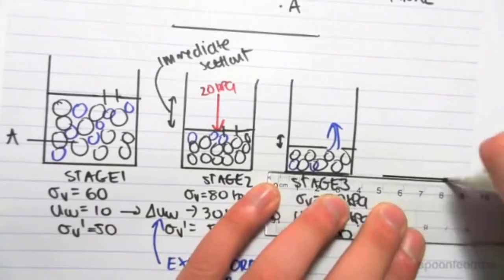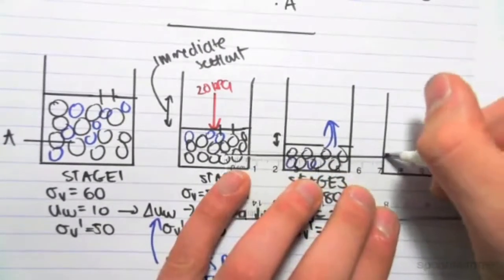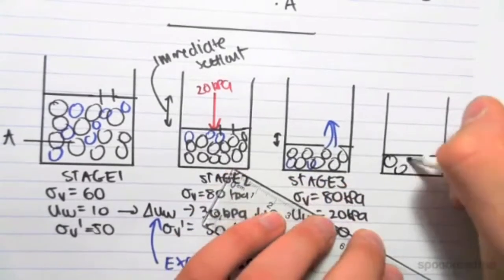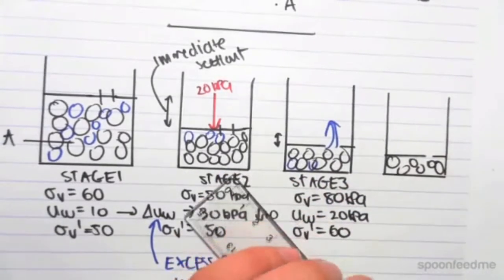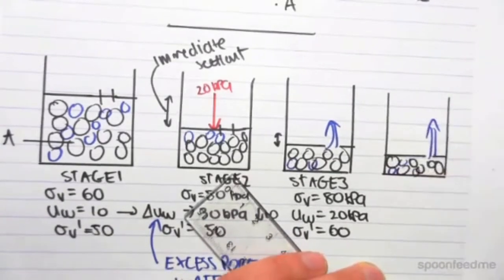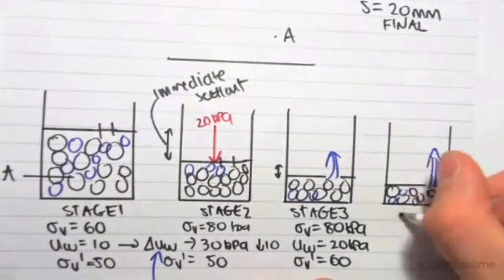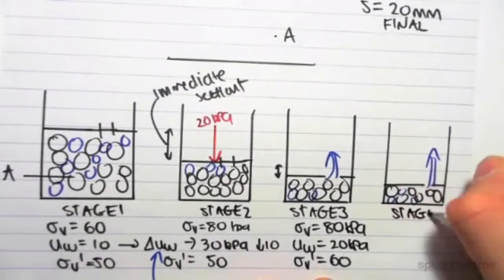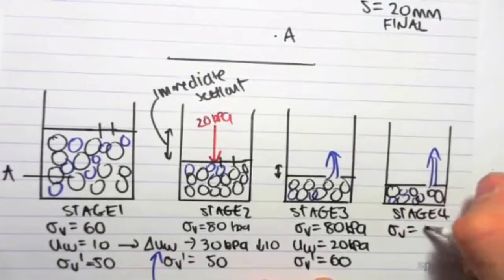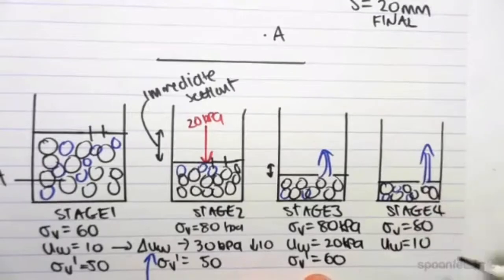And then we finally get to stage 4, where all the excess pore water pressure has escaped, not the actual pore water pressure, but the excess pore water pressure. We still have water particles, which is what we initially had of 10 kPa. So at stage 4, we have a total stress of still 80. The pore water pressure now is back to 10, right?